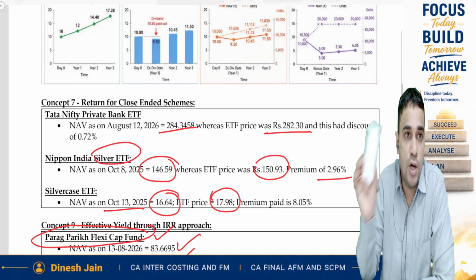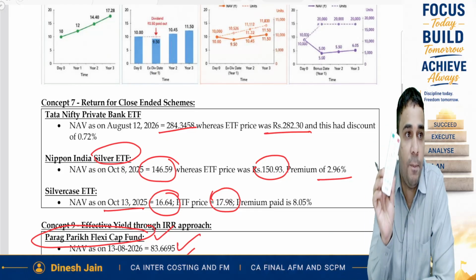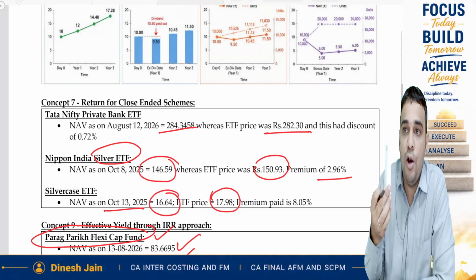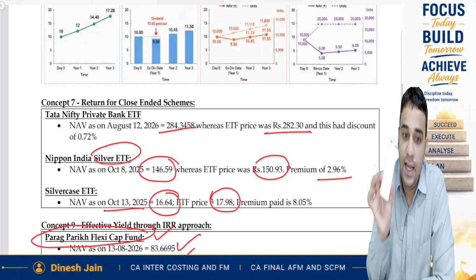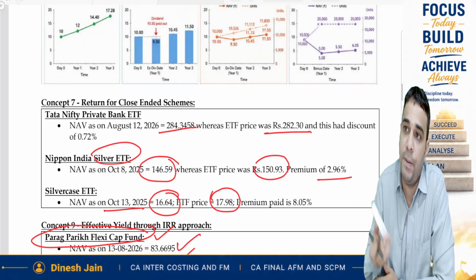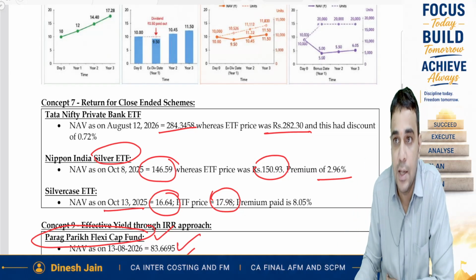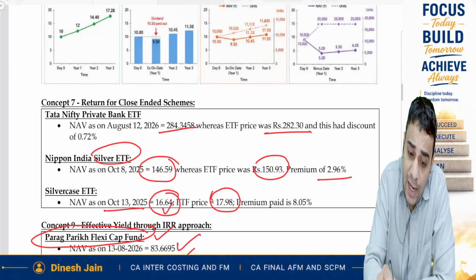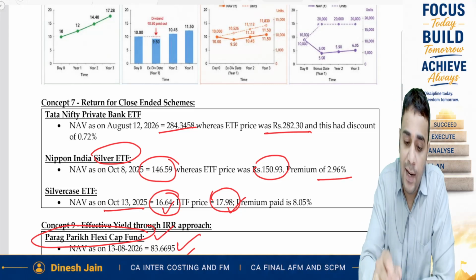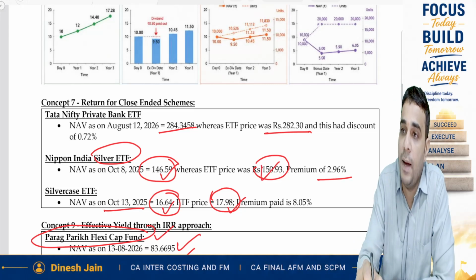Say this remote is worth 1000, but you are adamant, and people started buying it at 1500. With a lot of buy and sell orders, the real value of the remote is 1000, but people keep pressing buy orders, and with lots of buy orders the price starts going up. So the real value is 16, but you are buying at 17.98. The real value is 146, you are buying at 150.